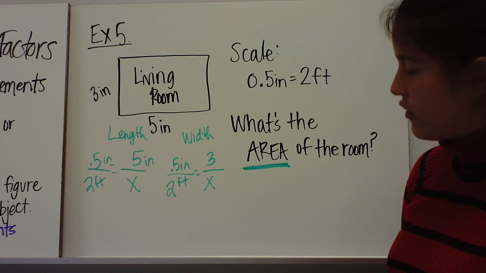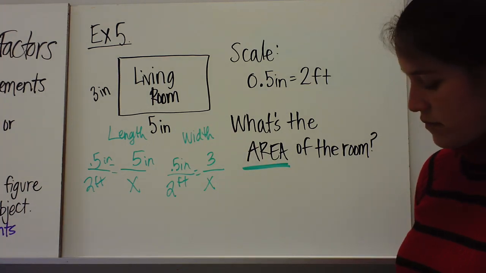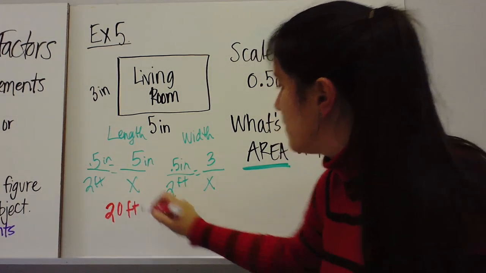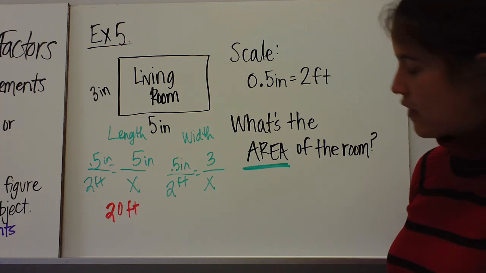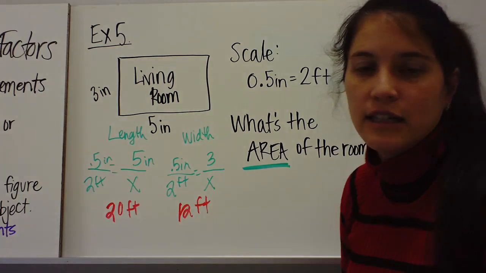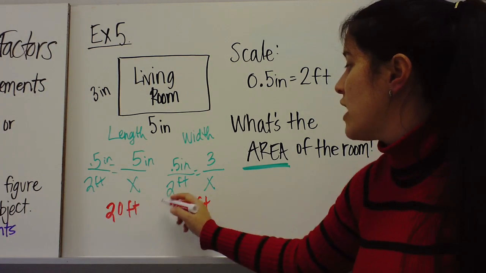So then you solve these proportions. So this would be 20 feet. And this would be 12 feet. I've cross-multiplied and then divided. So now I know that it's really 20 feet by 12 feet.